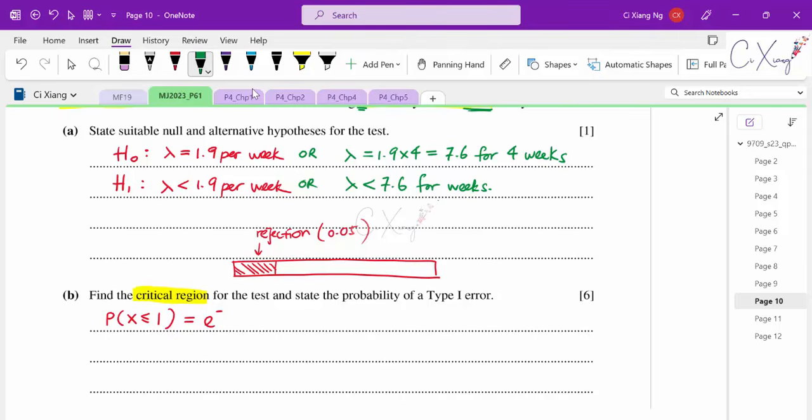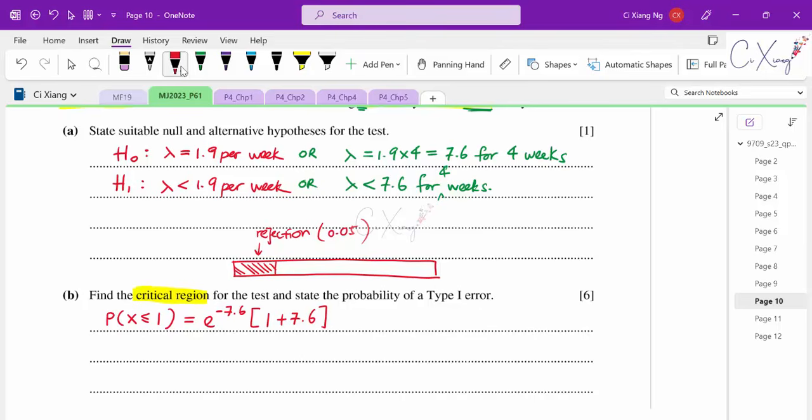So here I'm using the lambda for 4 weeks, which is 7.6, and then the first value is always a 1, the second value is always a lambda. The first value is for x equals 0, then this one is for x equals 1, and you multiply with e power negative 7.6.